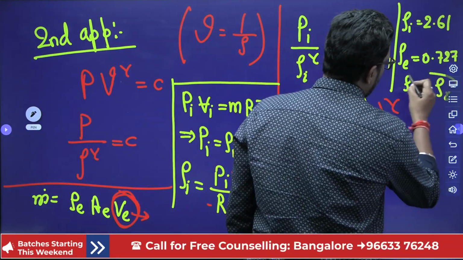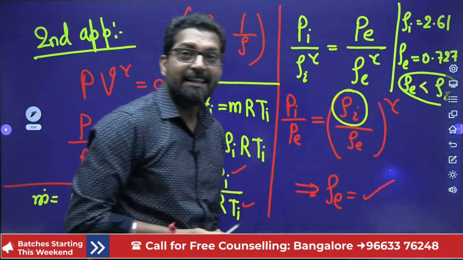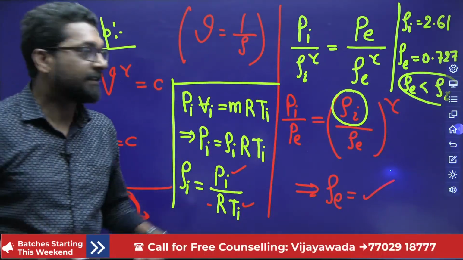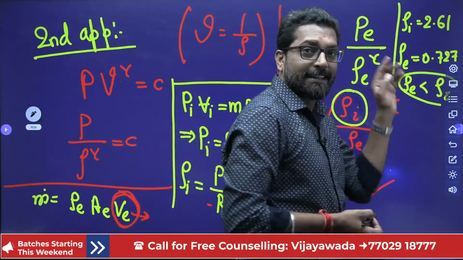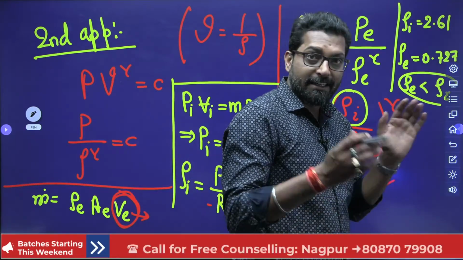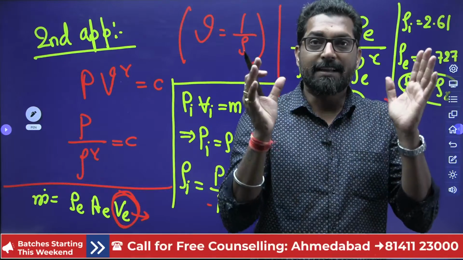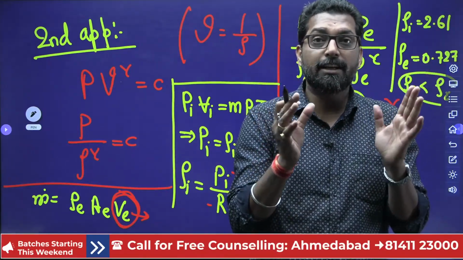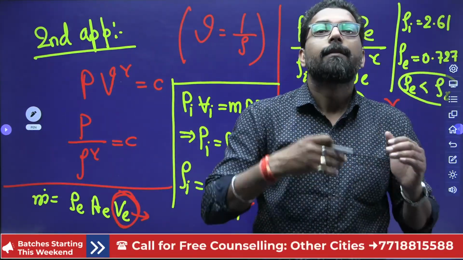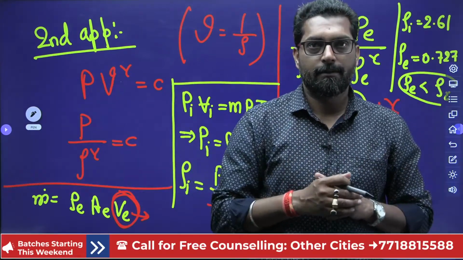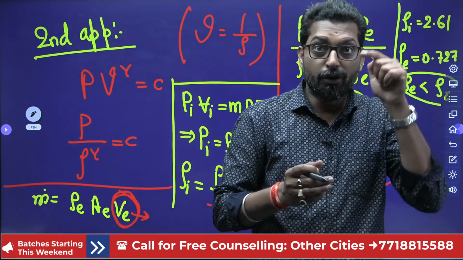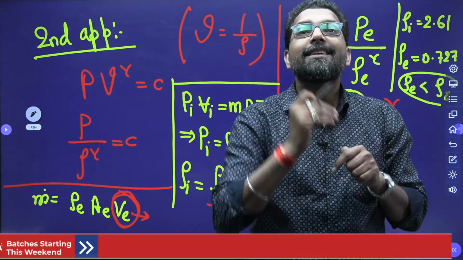If the density reduces, that reduced density will reduce the pressure. If you reduce the pressure, velocity will increase.